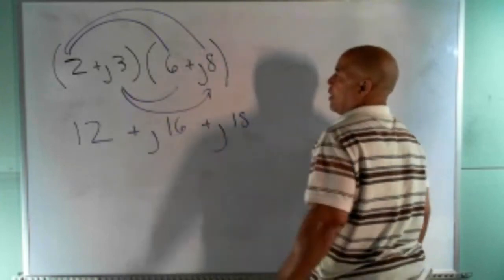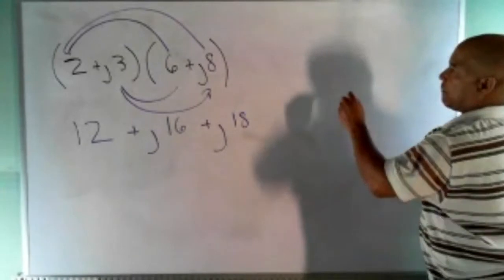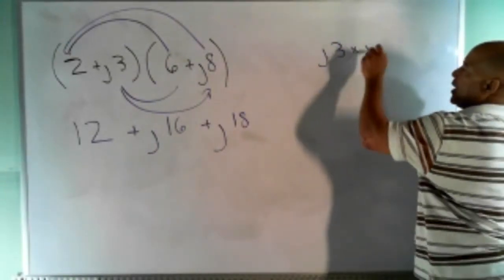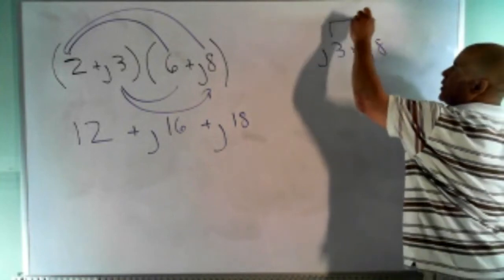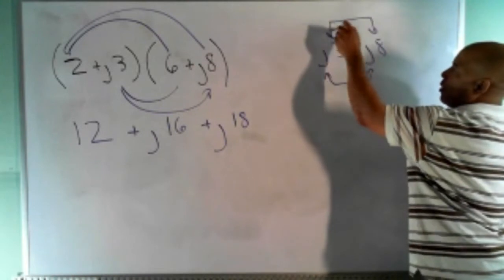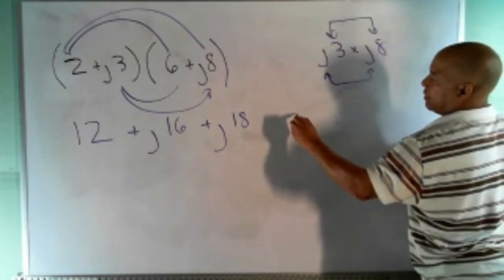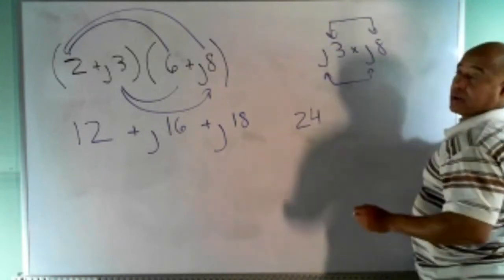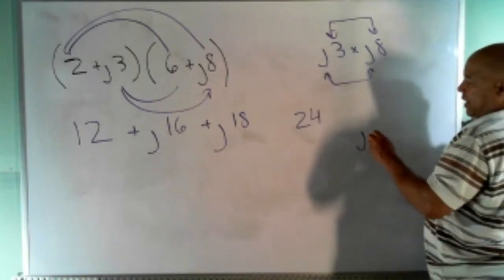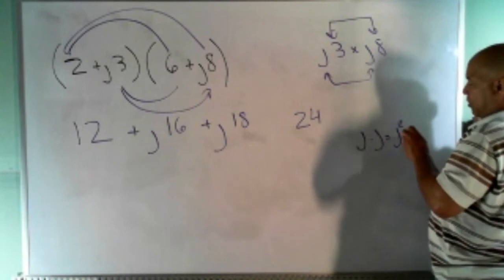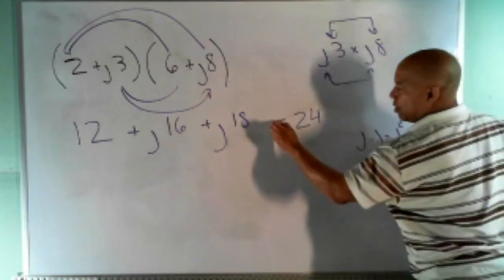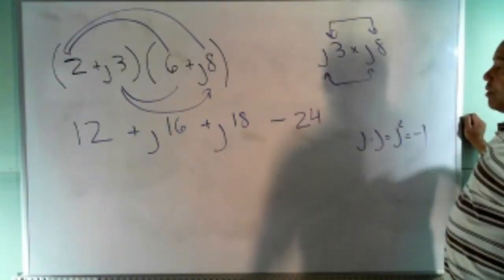Now, you got to be careful because what you have is J3 times J8. 3 times 8 you get 24, right? But J times J is J squared, and J squared is equal to a minus 1. So you really have minus 1 times 24, which makes that a negative 24.